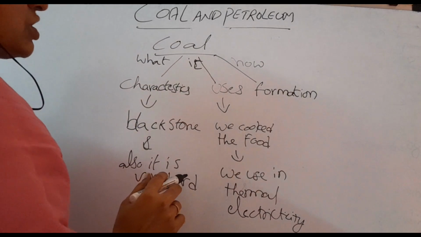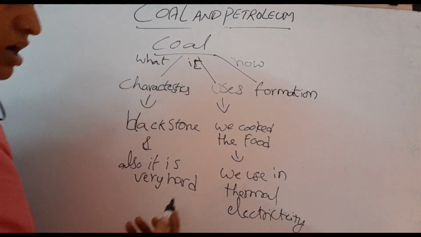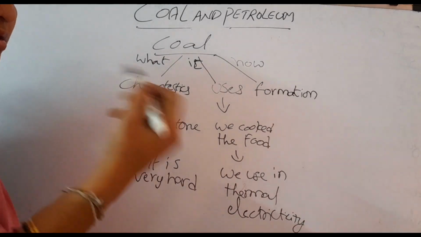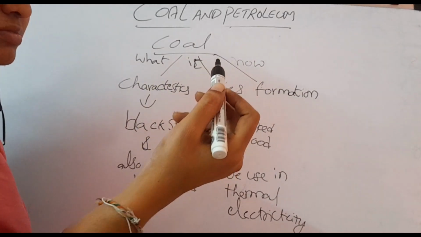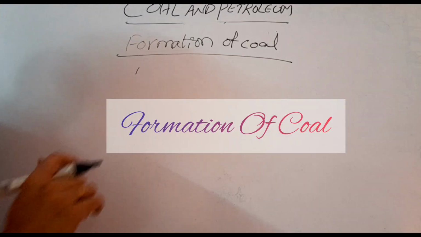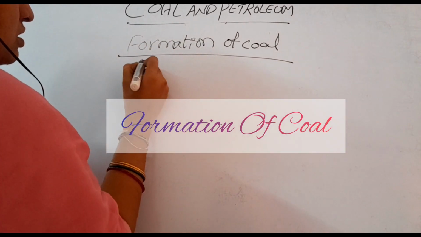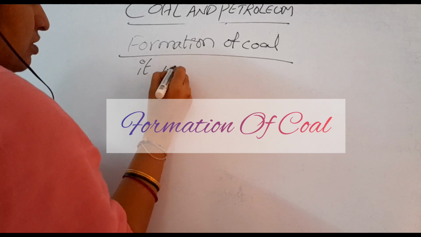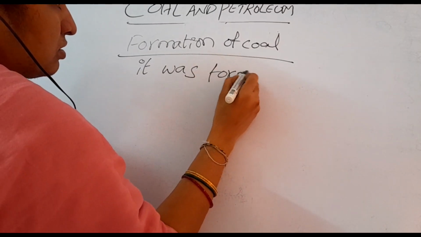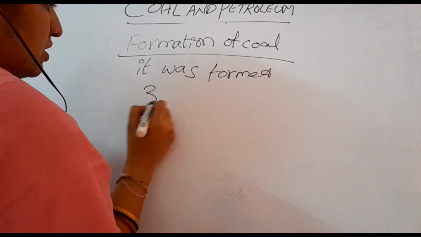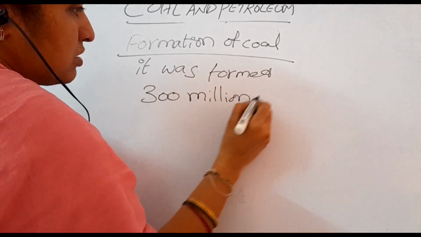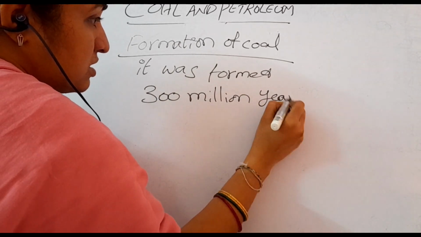Next, formation. How is coal formed? Coal was formed 300 million years ago.